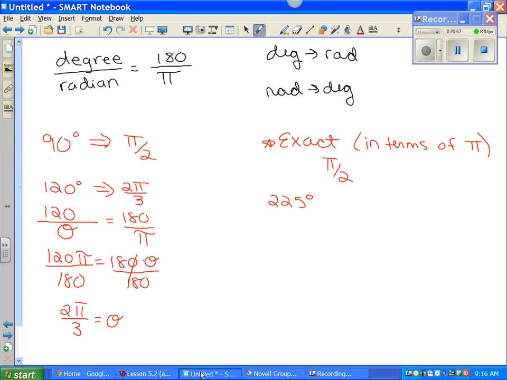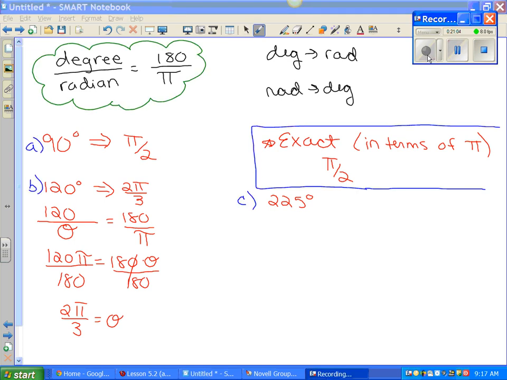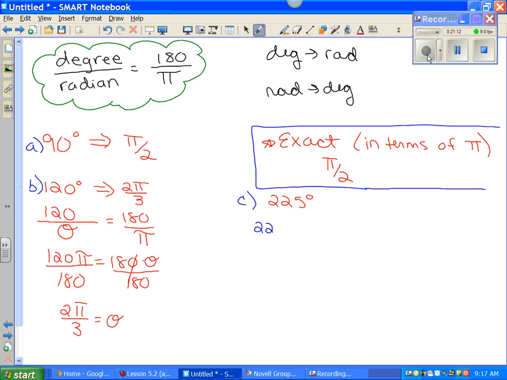All right, so why don't you take a second and you guys do 225, and then we'll move on to going in the opposite direction. Okay, who wants to set it up for me? Don't everybody jump at once. What do you got? Great, keep going.